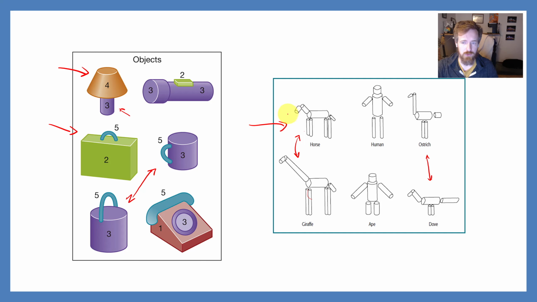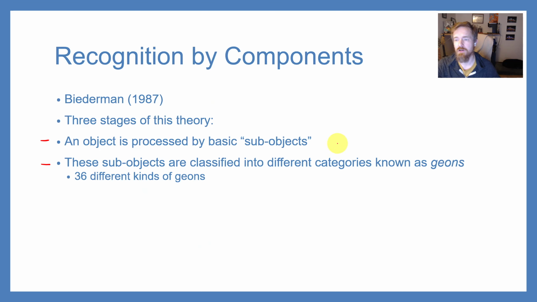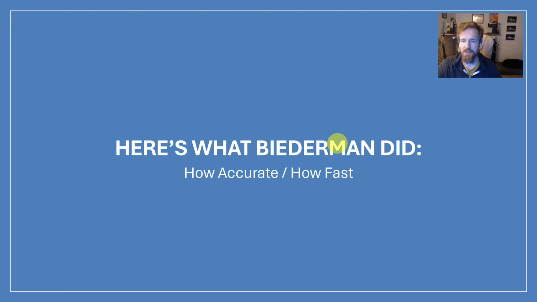If that geon that was really, really long was maybe right here in front of the face, then we might think it's an elephant, right? So it's not just what geons are present in that complex object, it's what relationship those geons have with each other to help us determine what it is that we are seeing.